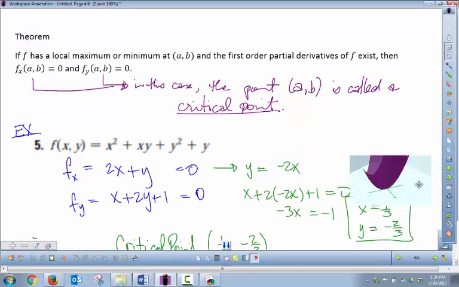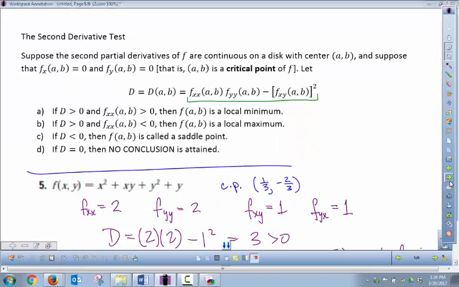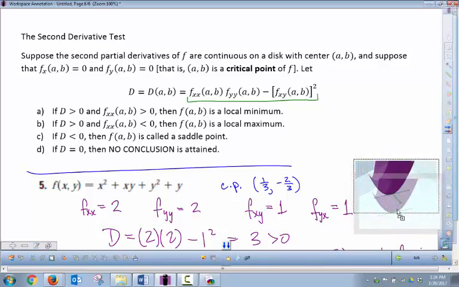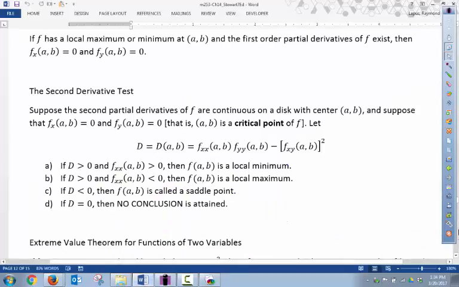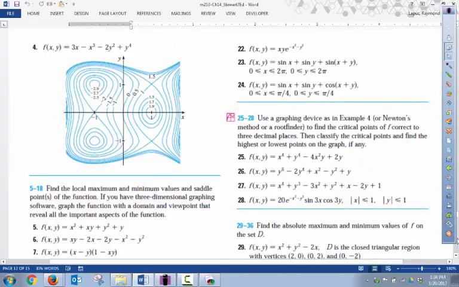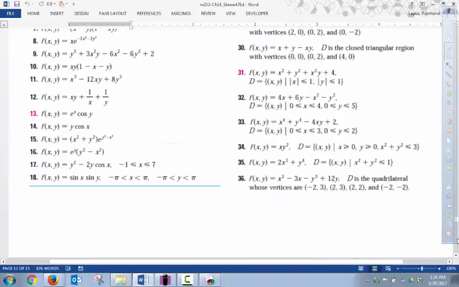What happened? All right, let's see if we can do another example. Difficult, huh?